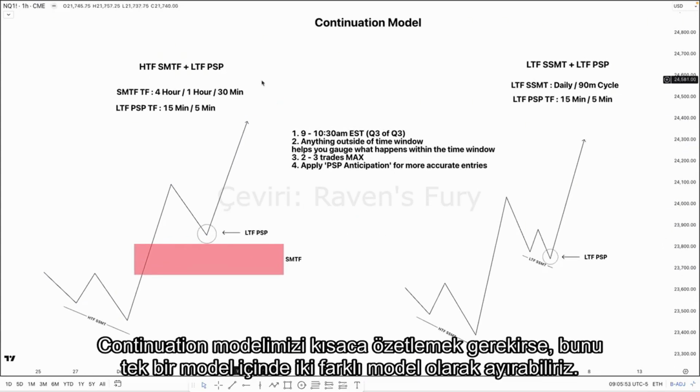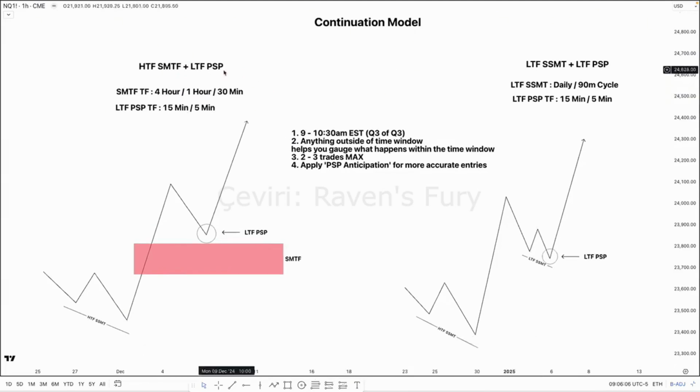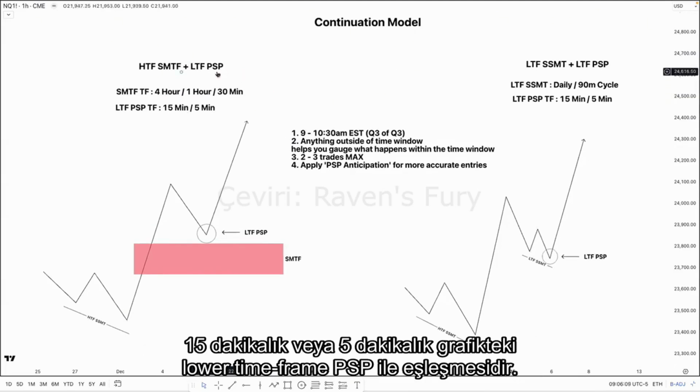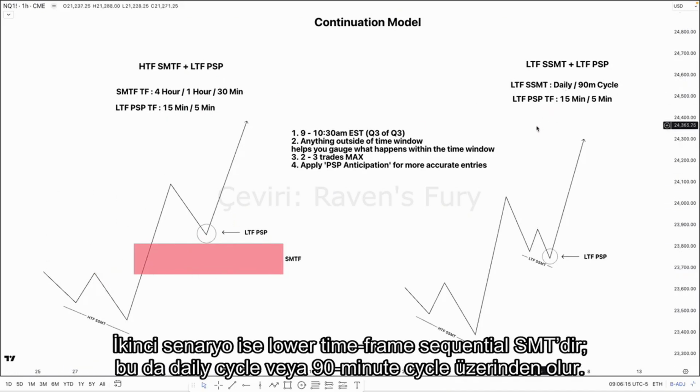So just to recap, our continuation model, we can break it down into 2 different models within the one. The first one is a higher time frame SMT fill on the 4-hour, 1-hour, 30-minute chart, paired with a lower time frame precision swing point on the 15-minute or 5-minute chart. And we have what this looks like here. And then the second scenario is the lower time frame sequential SMT, the daily or 90-minute cycle.